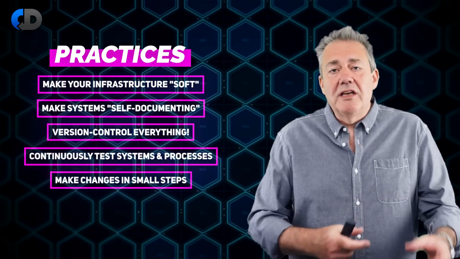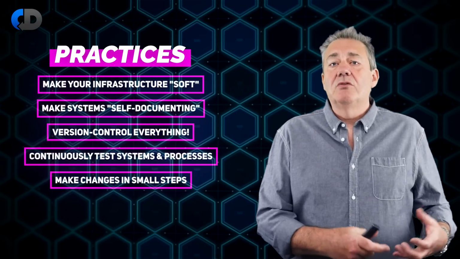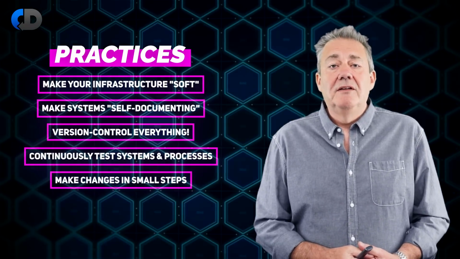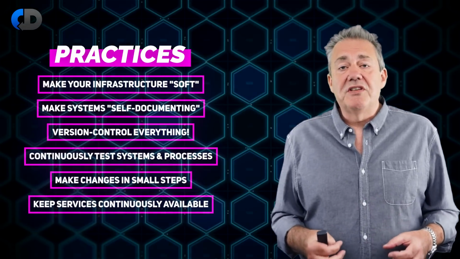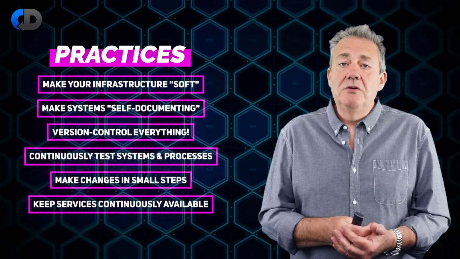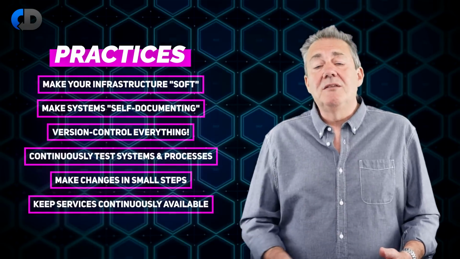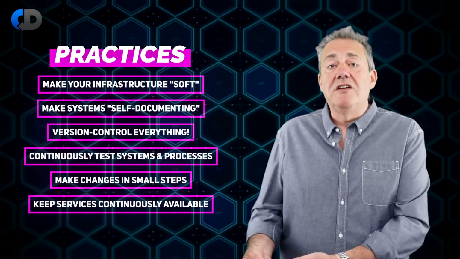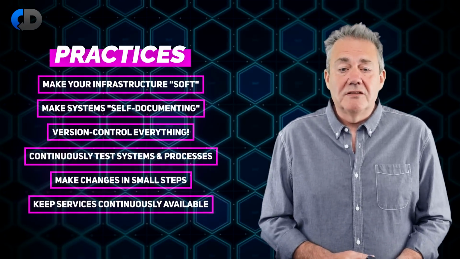If I'm working in small steps and I take a misstep, I can easily go back to a more stable position. We want to keep services continuously available. For most modern systems, infrastructure as code techniques are key to enabling that repeatability and reliability of service, as well as just the changes to the service.